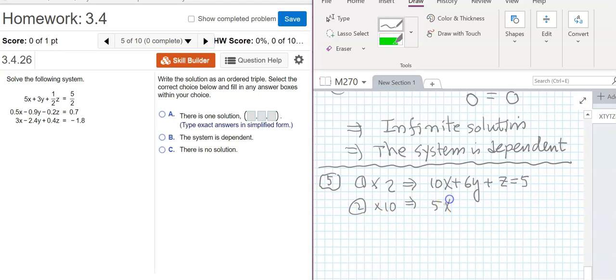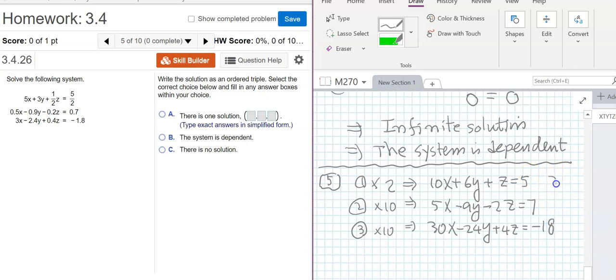So 5x minus 9y minus 2z equals 7. For the same reason, I multiply equation 3 by 10. 30x minus 24y plus 4z equal negative 8.